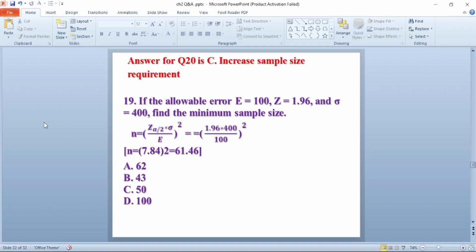So n is equal to in bracket 1.96 times 400 divided by 100, square the whole result. So n is equal to 7.84 squared, which is equal to 61.46. So the answer is A, 62.